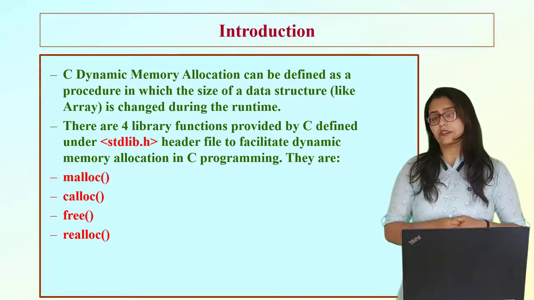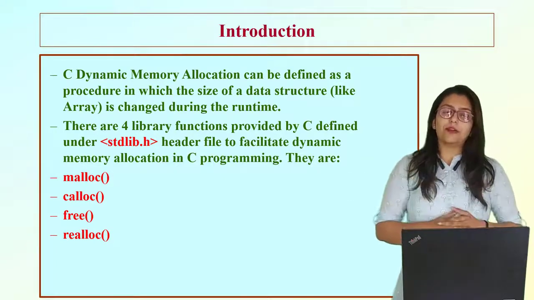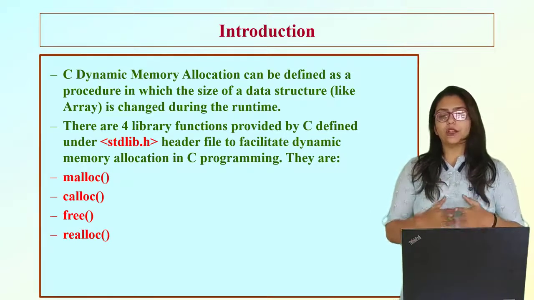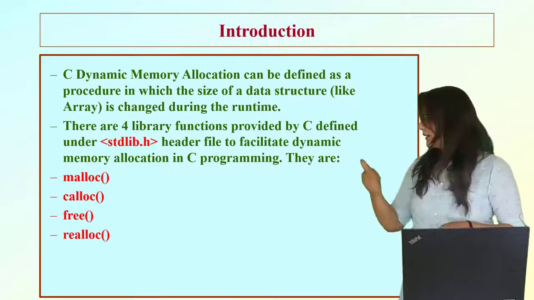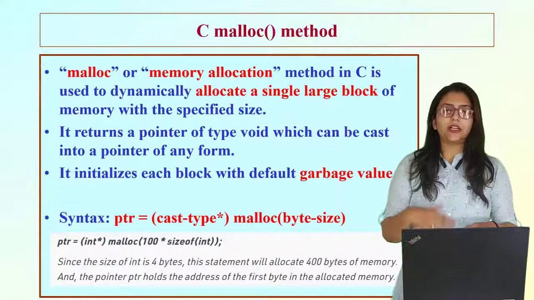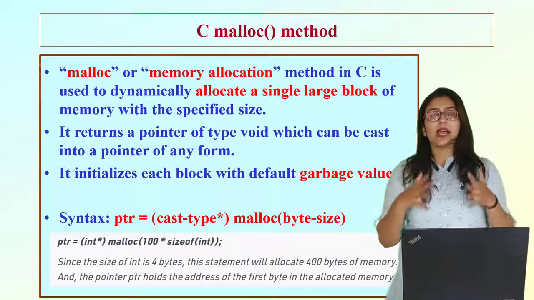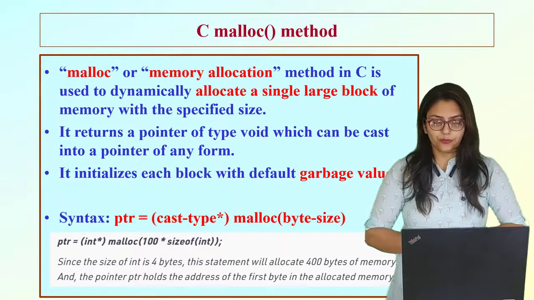So it may happen that at runtime you want to change the size of an array. There are 4 library functions provided by C, defined under the stdlib.h header file, to facilitate dynamic memory allocation in C programming, and these functions are listed here. Now the first method is malloc, the abbreviation of memory allocation.